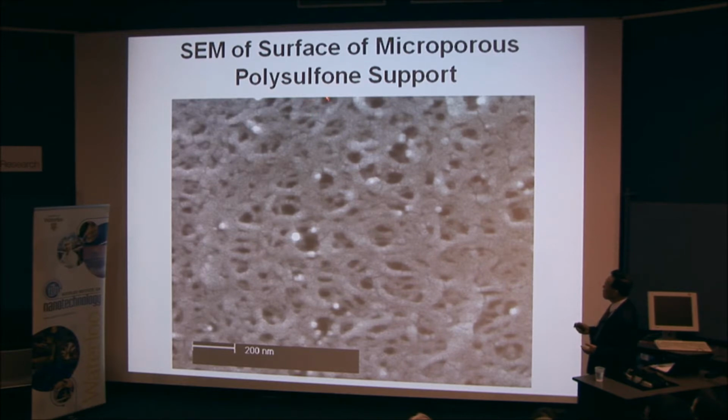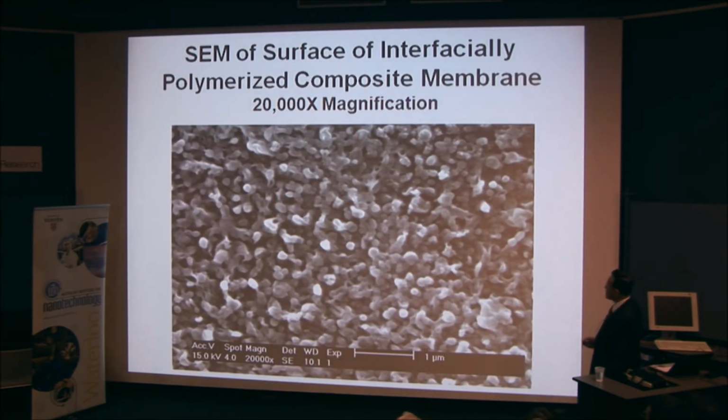Here we show you the SEM of the nanoporous polysulfone. The typical pore size is on the order of about 50 nanometers. And here is a top view of the surface of the interfacially polymerized polyamide.